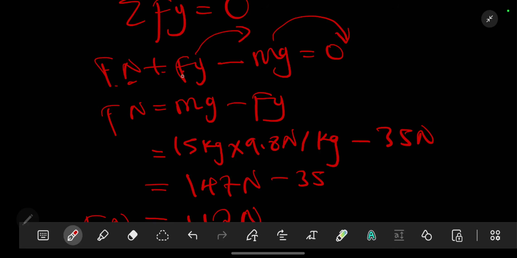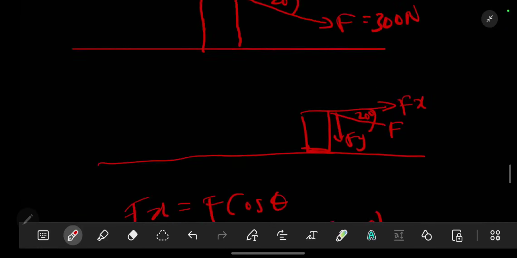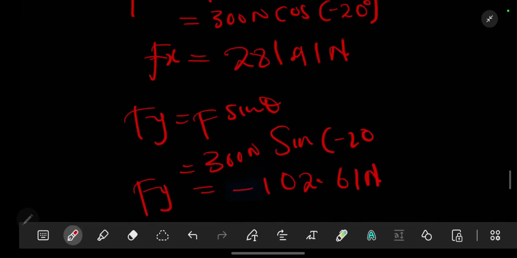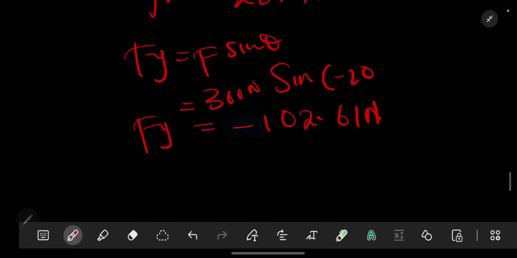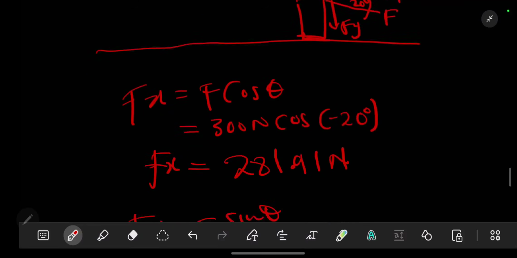If you did not consider the angle, you could have subtracted it. But if you consider the angle exactly the way it is, you are always going to be adding, and you will see how the negative is going to play out. So with that said, we have the force in the y, we have the force in the x.